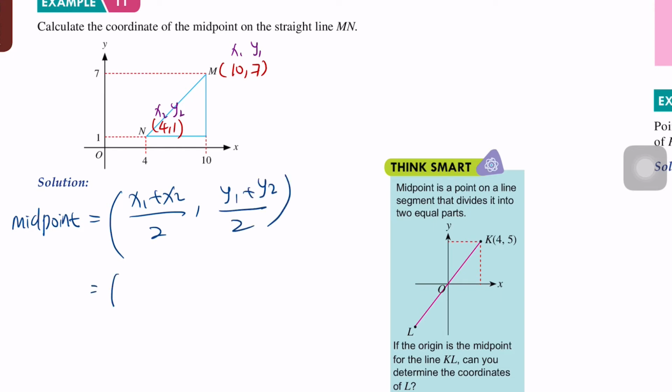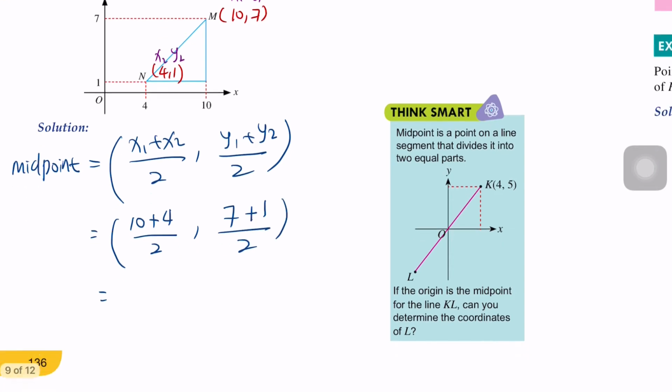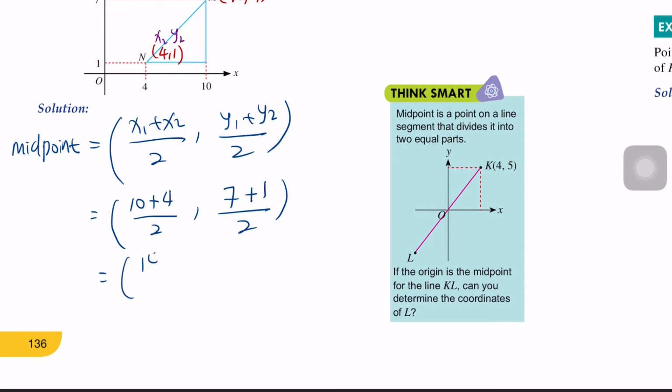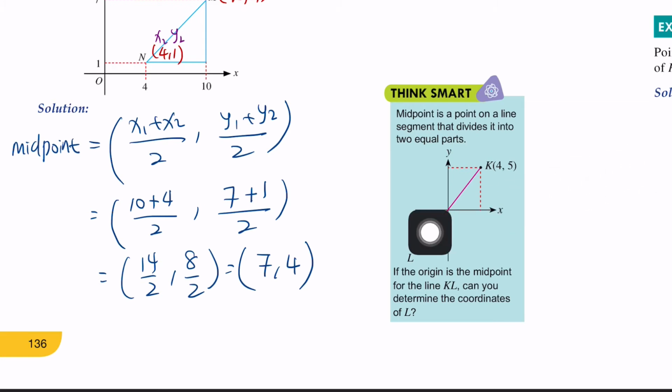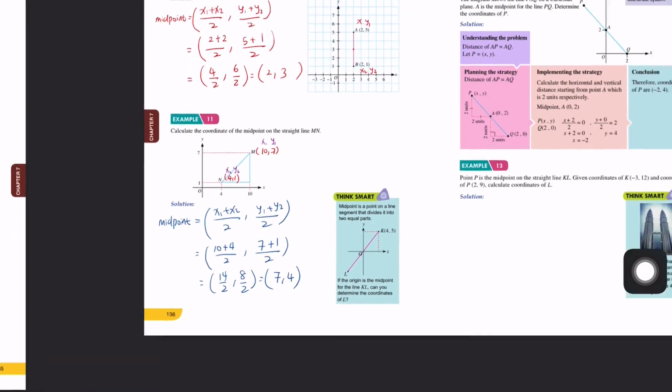So what is your x1? x1 is 10, x2 is 4 divided by 2, y1 is 7, y2 is 1 divided by 2. So you will get 14 over 2, 8 over 2, which simplifies to 7, 4. So it means the midpoint of line MN is 7, 4. Okay, boleh?